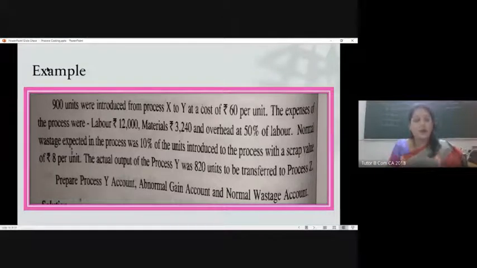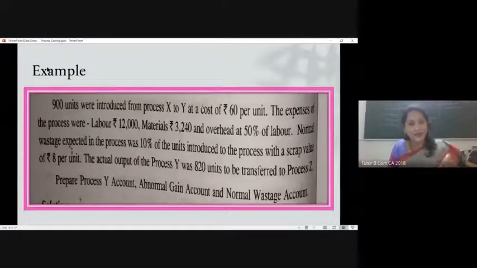Now look into the question. The actual output of process Y was 820 units to be transferred to process Z. I underline 820 units to be transferred. What has happened? What they were expecting is only 810, but what they really received after that process was 820.